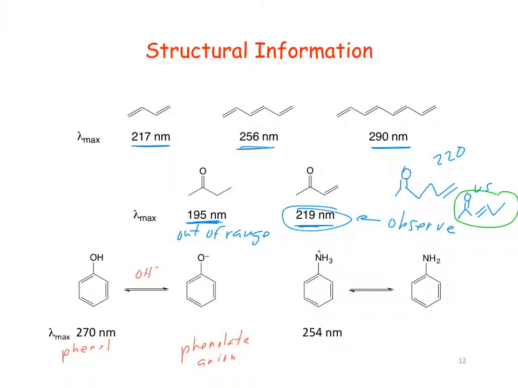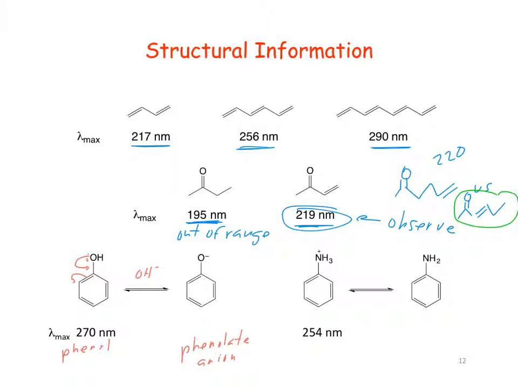So what do you think this might do to the wavelength of the absorption, the lambda max? Somebody else want to guess? So even in this case, this oxygen can donate electron density into the ring, right?